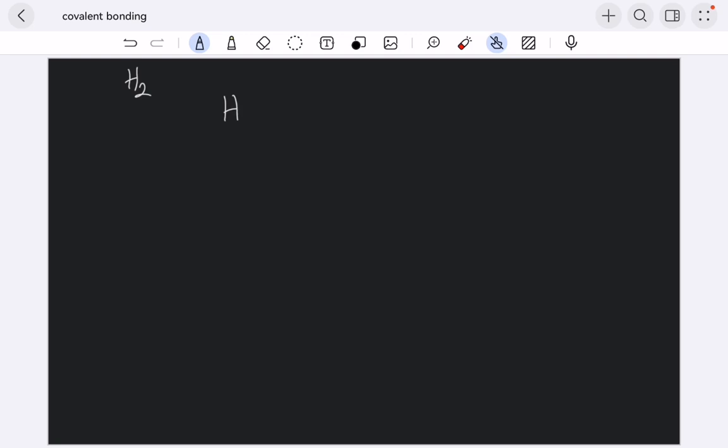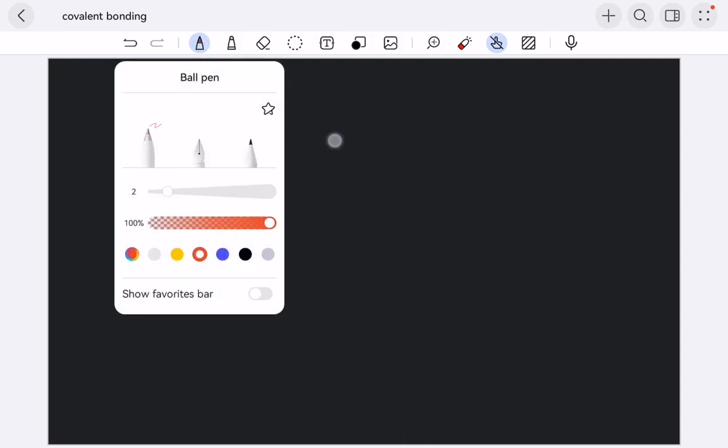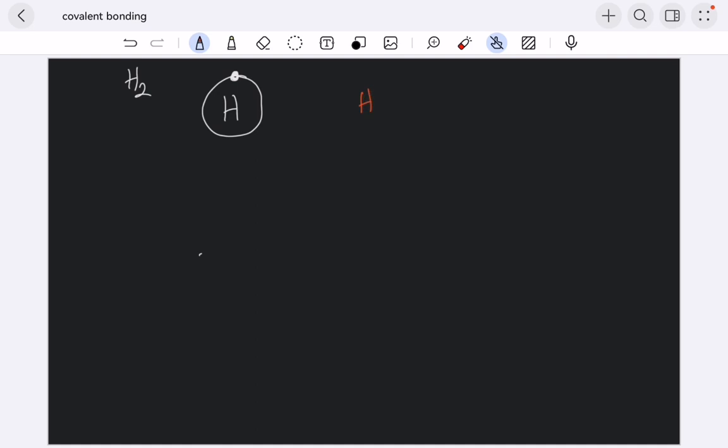So I will use different colors. So there's this hydrogen with its electron, then there is another hydrogen with its electron. So when you look at these two, they are both unstable. Why? Because they do not satisfy either the octet or the duplet.